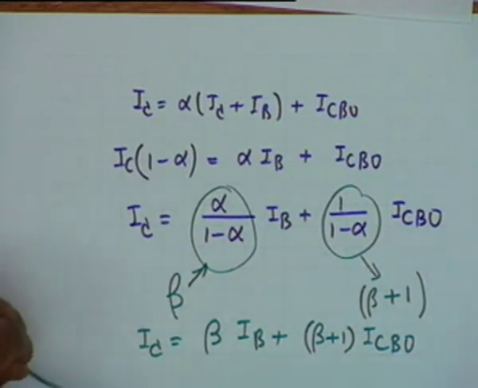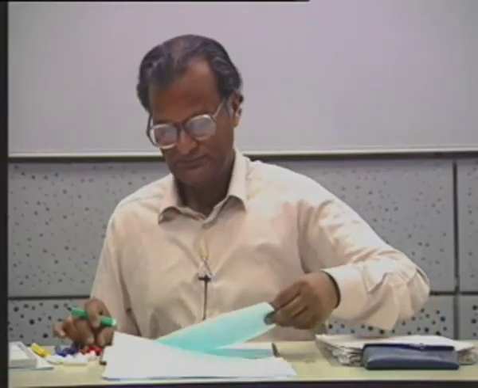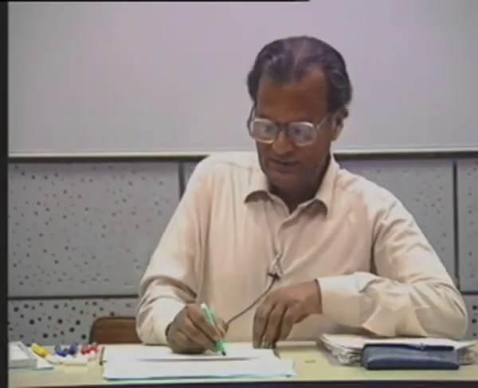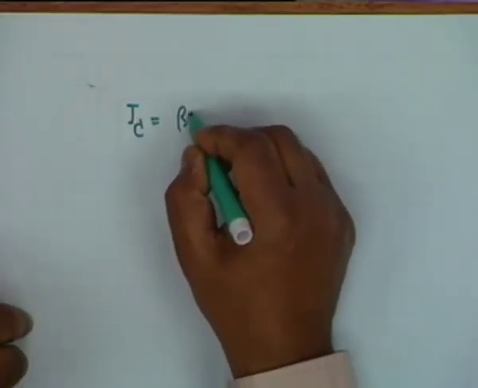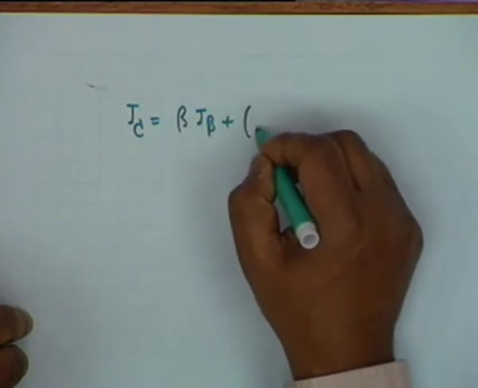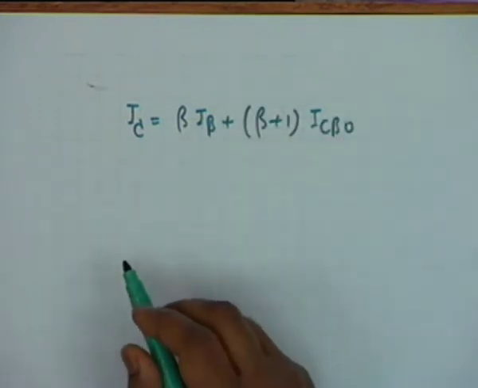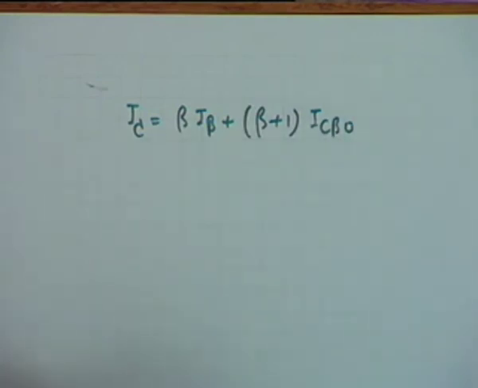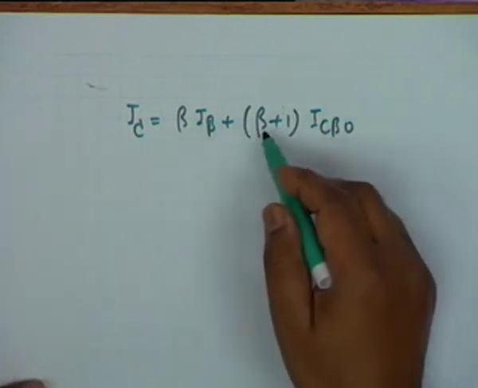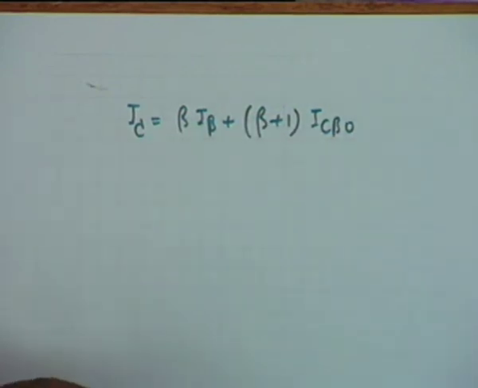Take a specific case. I sub C equal to beta I sub B plus (beta plus 1) I sub CBO. This current I sub CBO is usually a very small current of the order of microamps. Beta is of the order of 100.